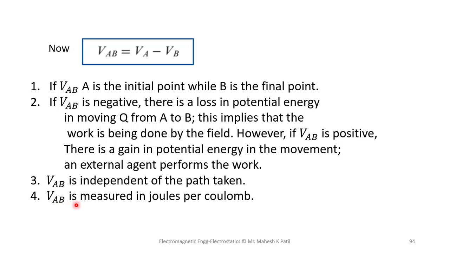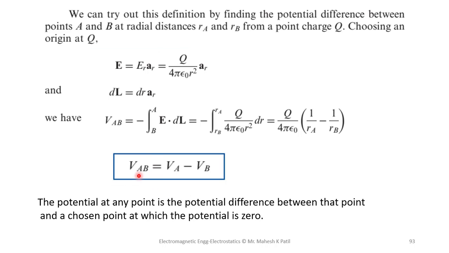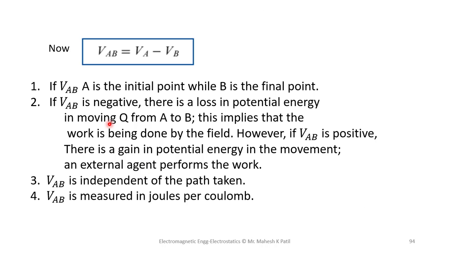V_AB is the potential and it is measured in joules per coulomb. Earlier we considered A as the final point, B as the initial point. While writing these comments, especially the first, we considered A as the initial point, B as the final point. Clear? So do not get confused in between this.